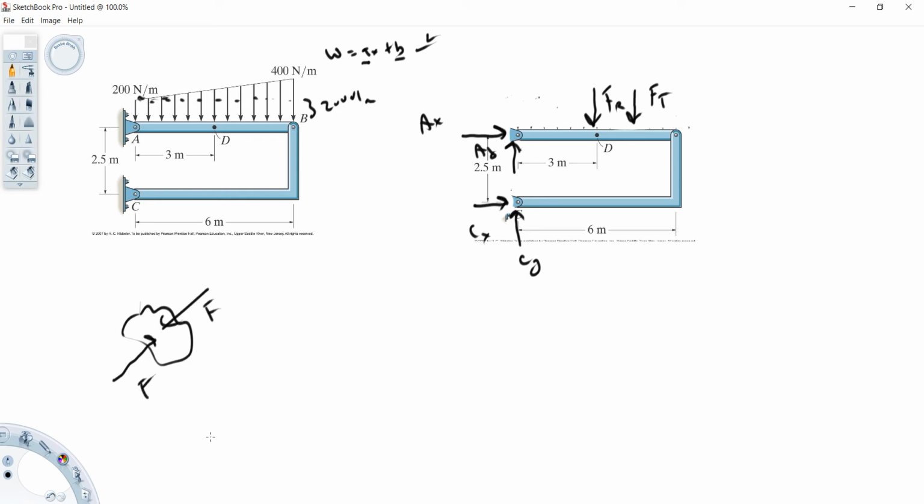They have to be in opposite directions and pass through one another, because if they didn't, look what would happen. If I had 2 forces equal in magnitude but with some sort of offset, you would have a net couple moment, which is not the case here if this thing's in equilibrium.